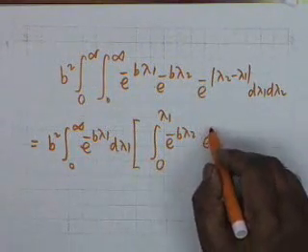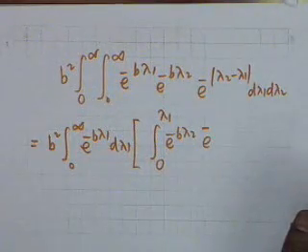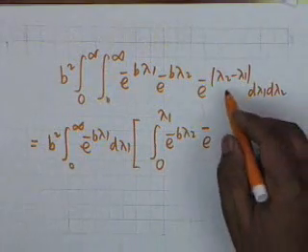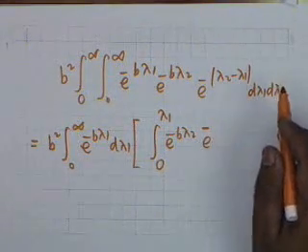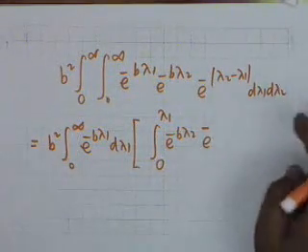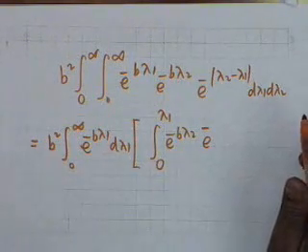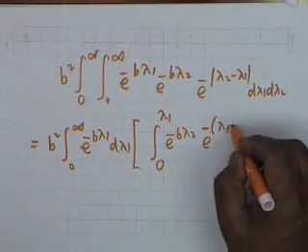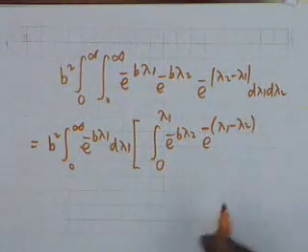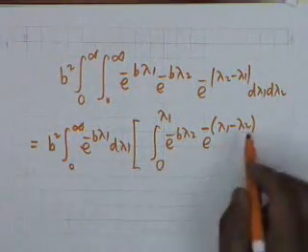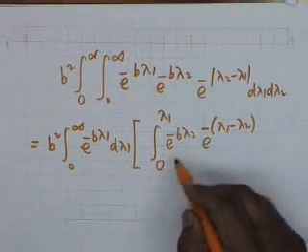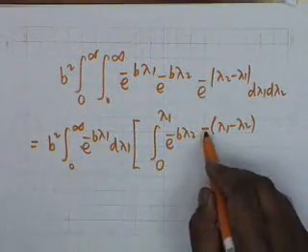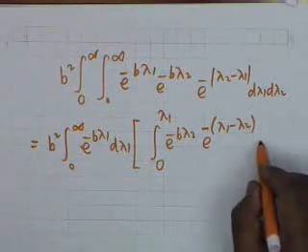Then what should be here? Lambda 2 lies between 0 and lambda 1, and therefore e to the minus lambda 1 minus lambda 2. Is that okay? Lambda 2 is less than lambda 1, and the power of e must be negative, and therefore this is the result.